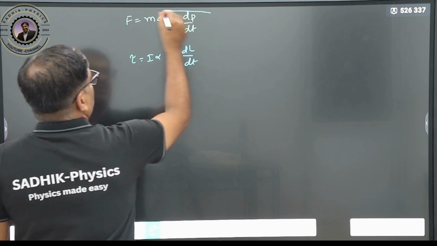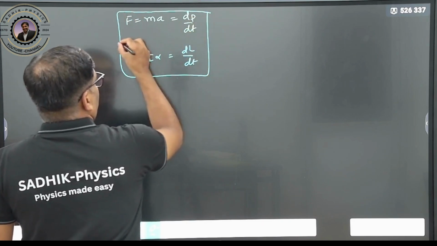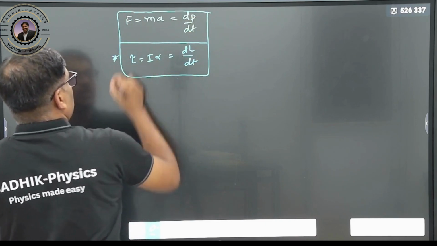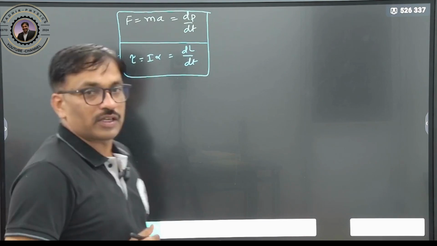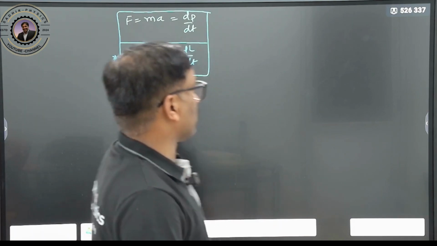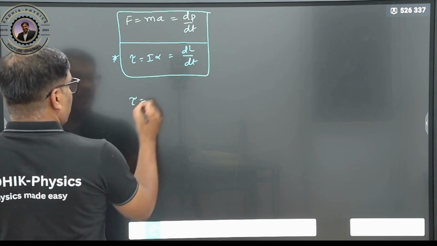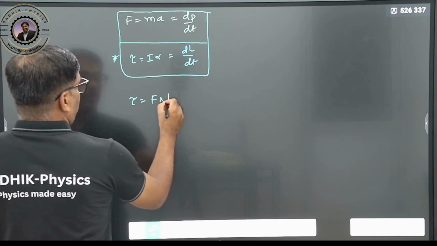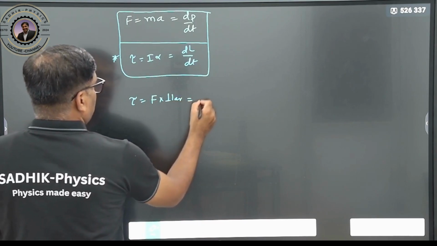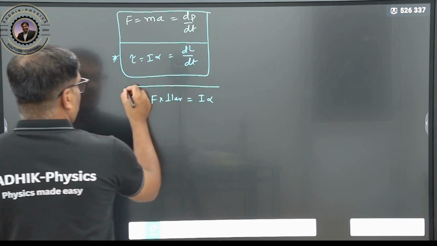Clear? So we can rewrite torque as moment of inertia into angular acceleration. Torque is force into perpendicular distance, or it is equal to I into alpha.